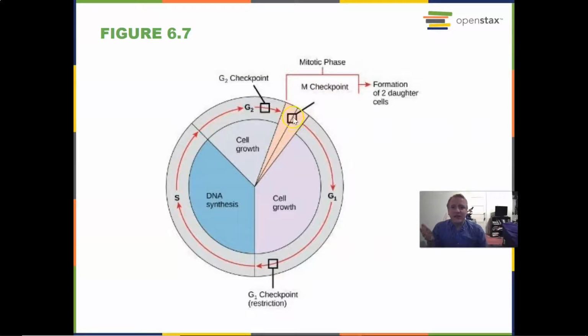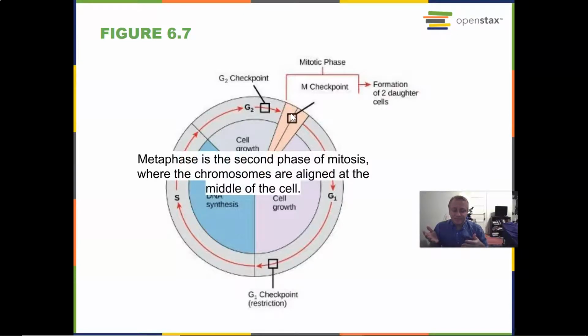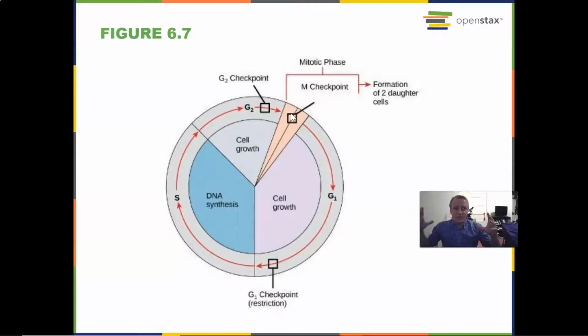The next checkpoint that we have here is the M checkpoint. The M checkpoint happens at the end of metaphase. And what the M checkpoint is checking is to make sure that your chromosomes are connected appropriately to those, we call them centrosomes. Because imagine what would happen if they weren't attached to those centrosomes, right?